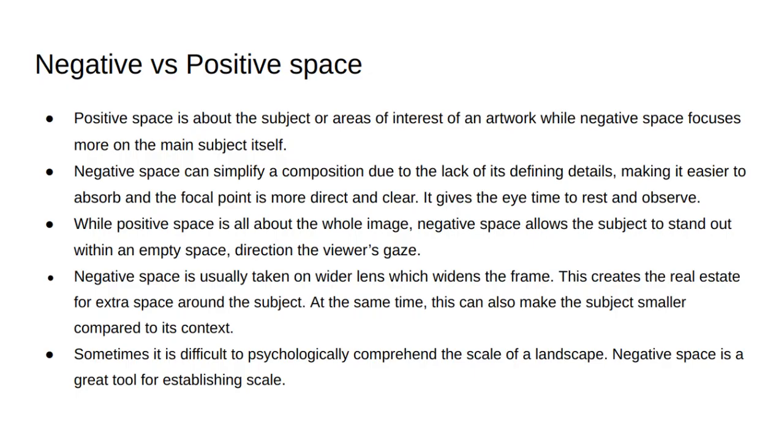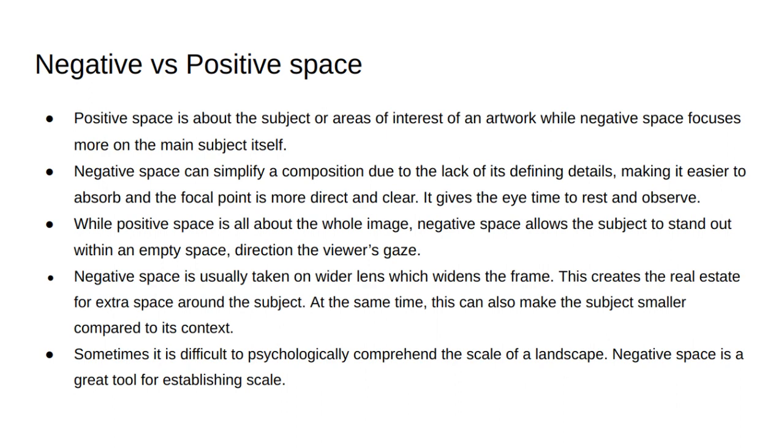So negative versus positive space. Positive space is just about the subjects or areas of interest in an artwork, while negative space tends to focus on the subjects more than what positive space does, because positive space is all about the details of an image.